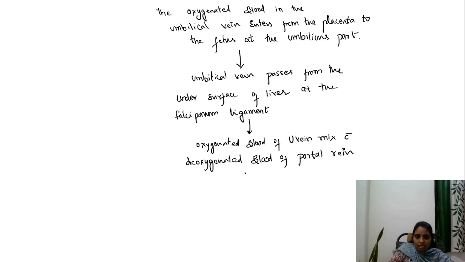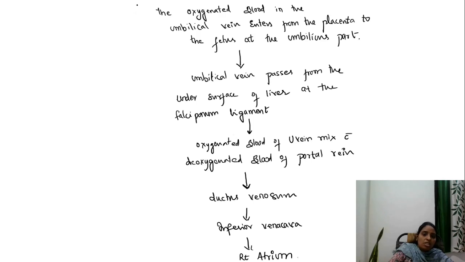This whole blood now enters into the ductus venosum. From there, it enters into the inferior vena cava, and from there to the right atrium.